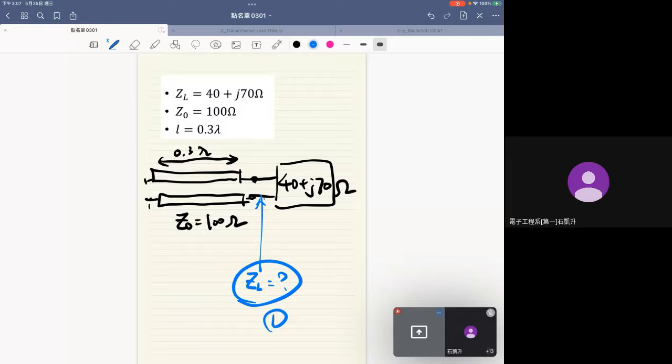This is for question 1. And also show me the new ZL at 0.3 lambda. This will be one of the questions for the final exam. Okay? Show me these two points on your Smith chart and take a picture for me, please.